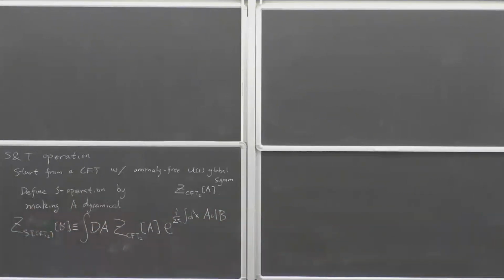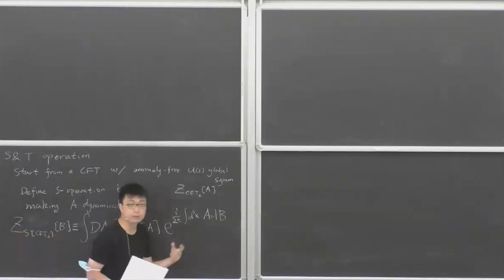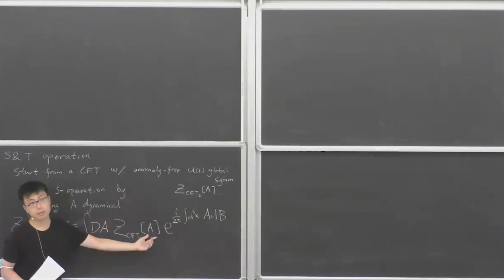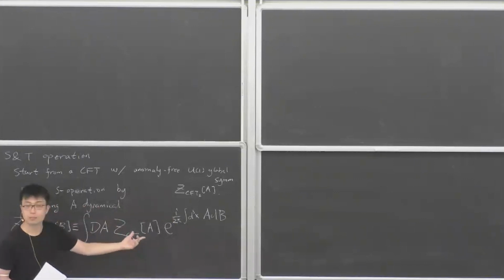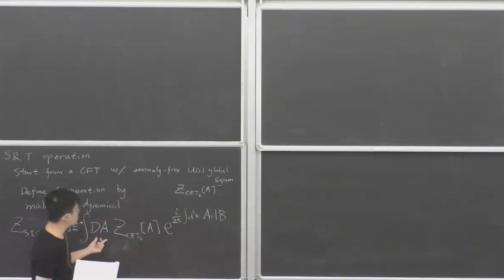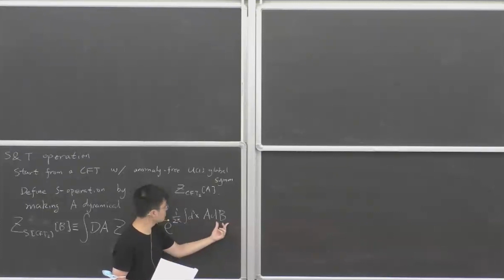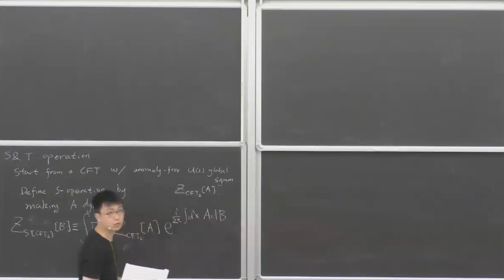This kind of BF coupling was mentioned quite a few times in yesterday's lectures. Essentially what I do is promote A from a background gauge field to a dynamical gauge field, which is legal because I've assumed that my original theory has a non-anomalous U1 symmetry, and then further I demand this U1 gauge field has a flux conservation symmetry, so that there's an additional U1 symmetry coming out of it, which I probe with this capital B.